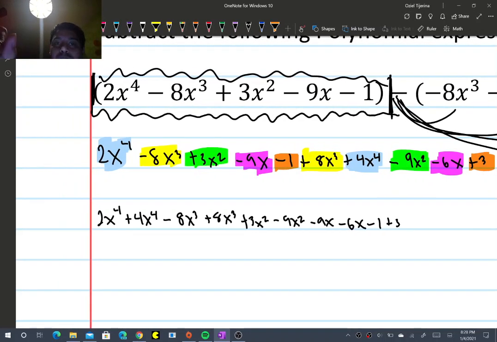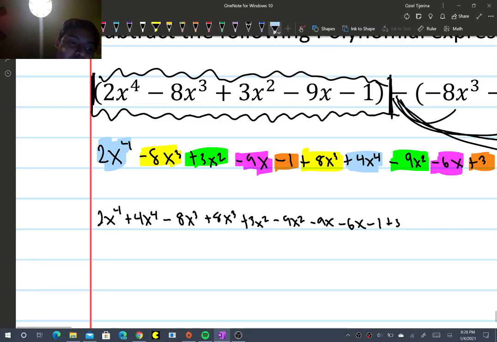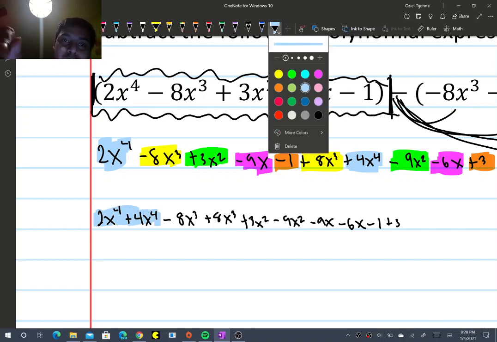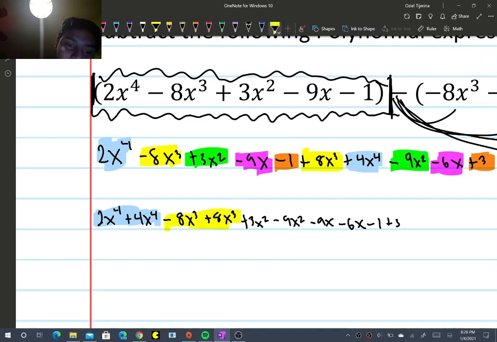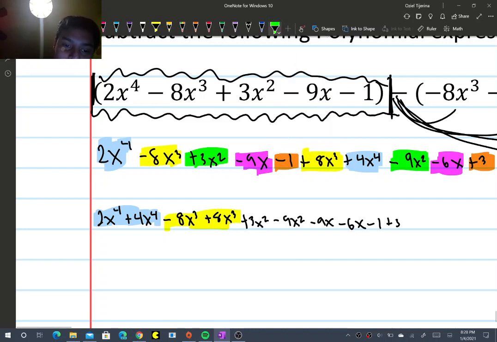So we can re-highlight these so that y'all know that they're definitely next to each other. So kind of like this, and this helps a lot if you do not like to add, if you can't do it in your head, it always helps a lot to put your like terms in order of descending exponents.